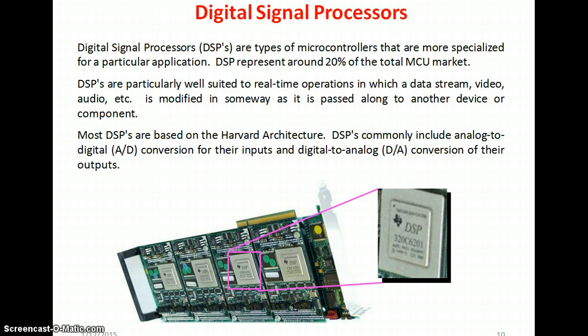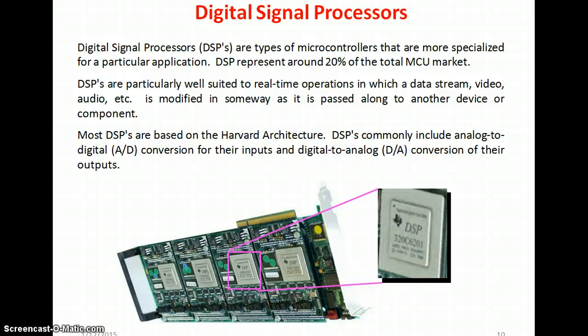These are the application related slides. Digital signal processors. Digital signal processors are a type of microcontroller that are more specialized for a particular application. DSP represent around 20% of the total MCU market.